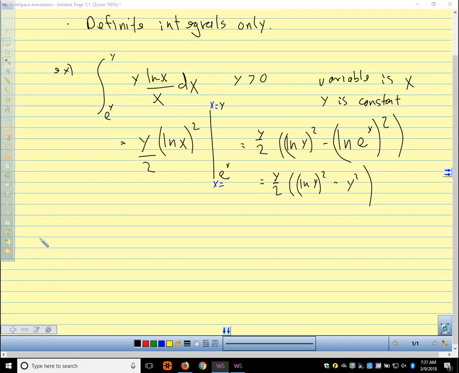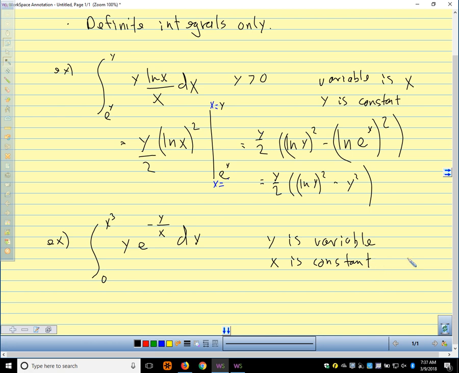All right, let's look at another example. The integral from 0 to x to the third of y e to the minus y over x dy. This time y is variable, and x is constant.